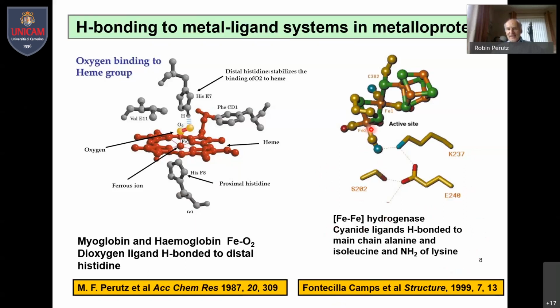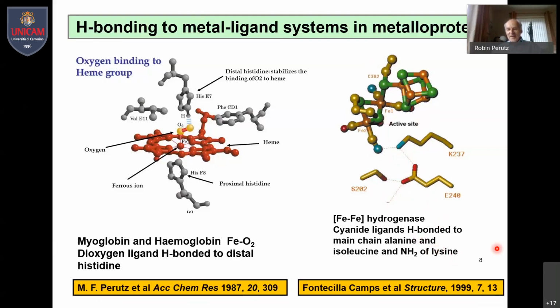Here we have an iron cyanide complex, and the cyanide nitrogen is hydrogen bonded to the NH2 of a lysine, and this forms part of a hydrogen bonded chain which goes right to the outside of the protein, and this is one of the ways in which the electrons and the protons are transported.